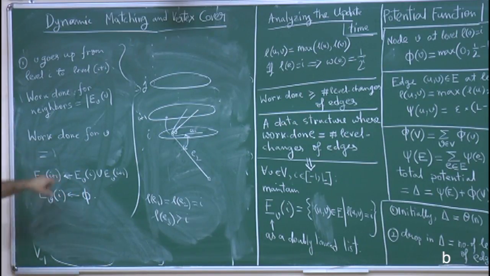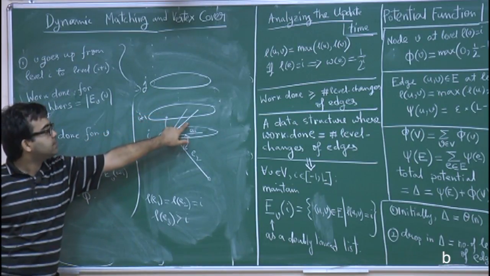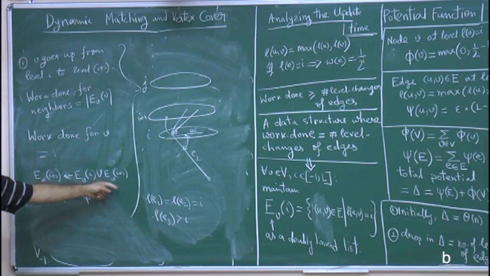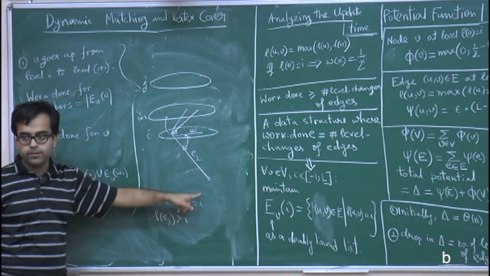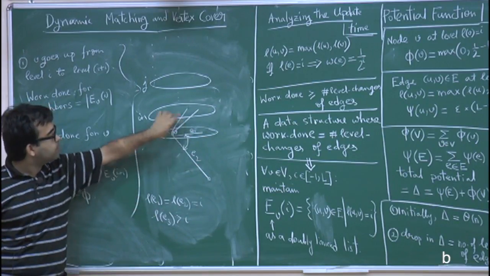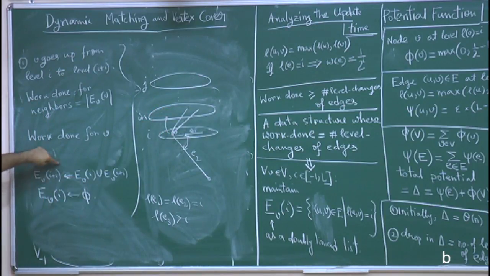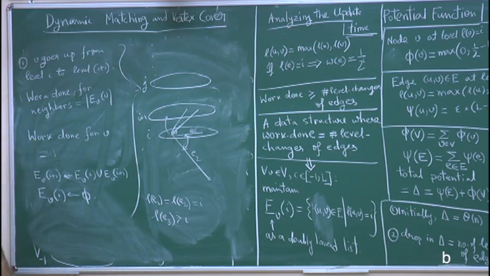Now, do you see why the first step is correct? Because as V goes up here, what happens? These edges whose other endpoints are in I plus 1, they remain in EV of I plus 1. But these edges whose other endpoints were at I or below, they also now need to move to EV of I plus 1, right? Their levels have also increased. So, this step is there, and then finally, EV of I will become empty since V has now gone up to a higher level.